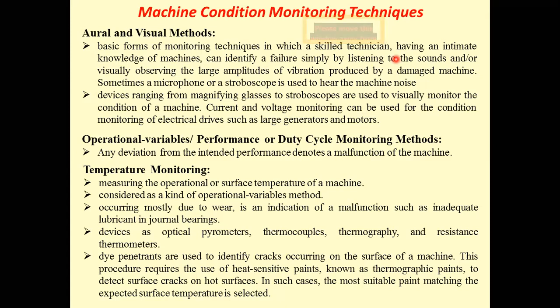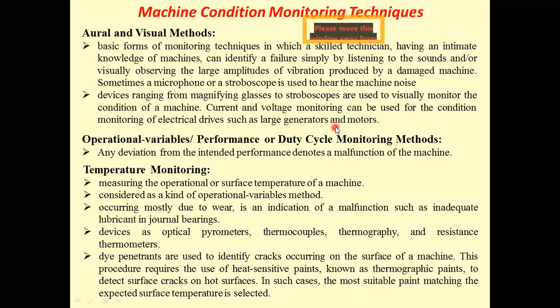Similarly, devices ranging from magnifying glasses to stroboscopes are used to visually monitor the condition of a machine. The current and voltage monitor can be used for condition monitoring of electrical devices such as large generators or motors.